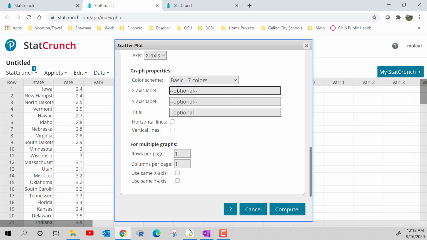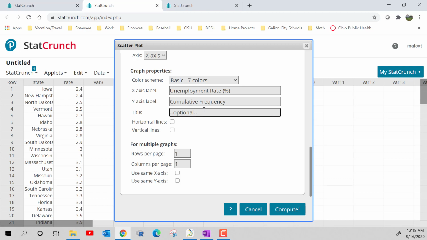So I could say unemployment rate as a percent along the x-axis, and cumulative frequency along the y-axis.